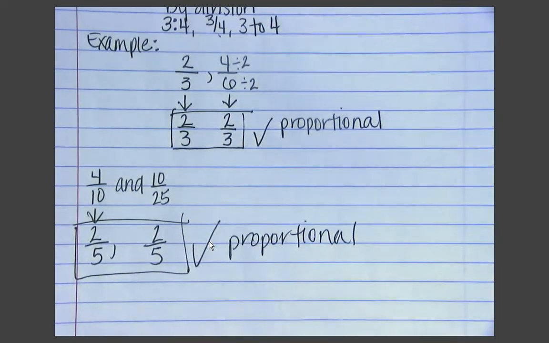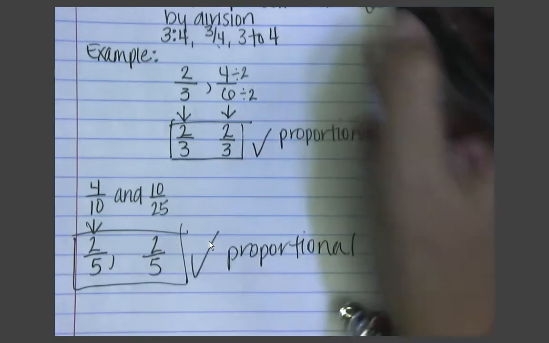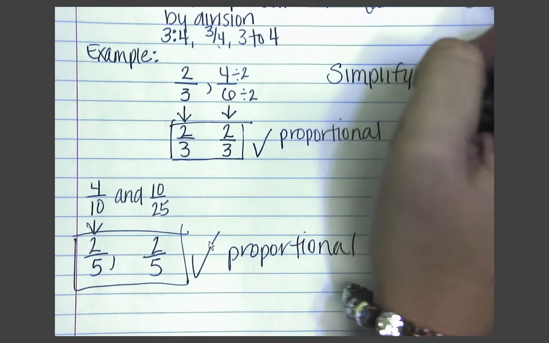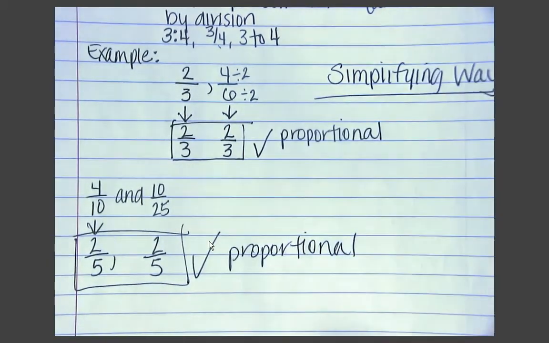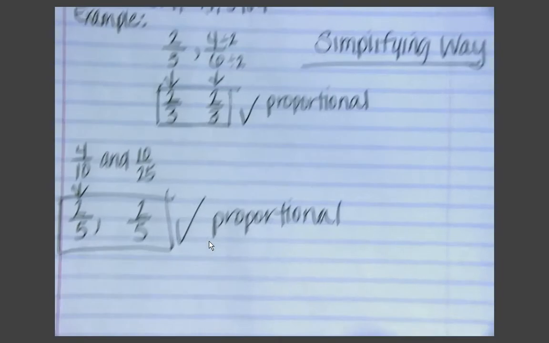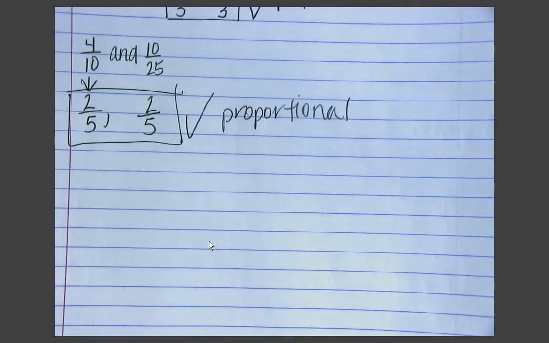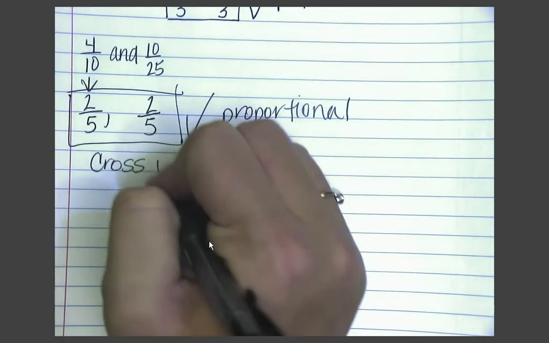Now that is one way to figure out if two ratios are proportional. This is the simplifying way. Another way to see if proportions, or ratios, are proportional is by cross products.